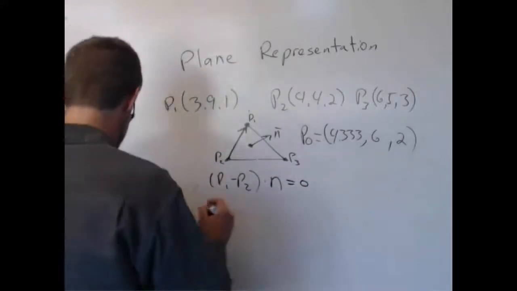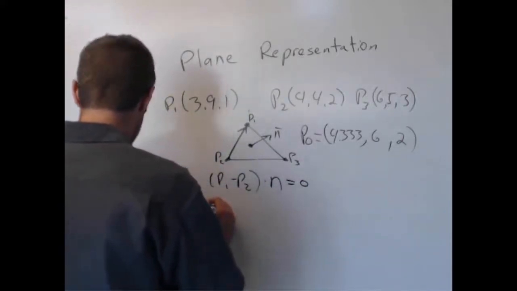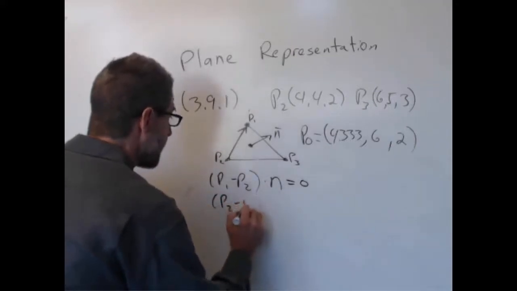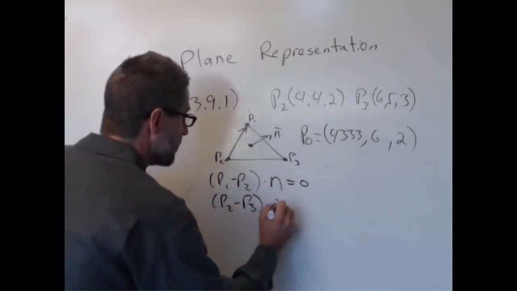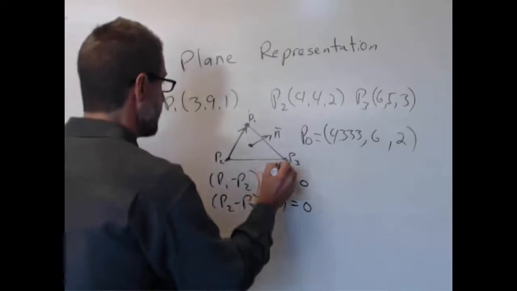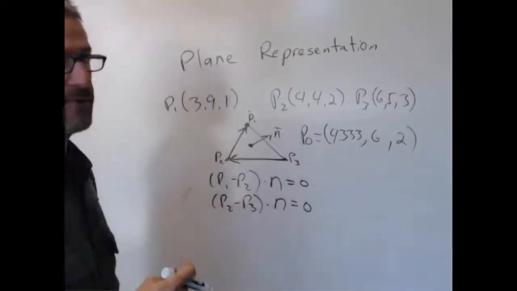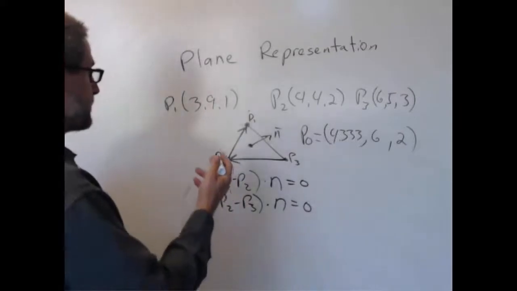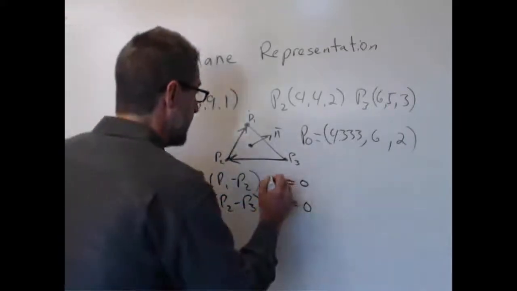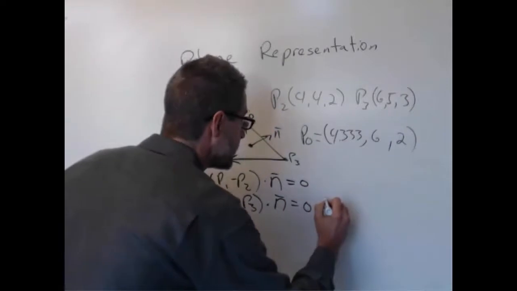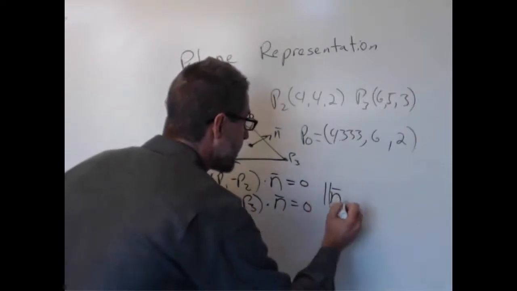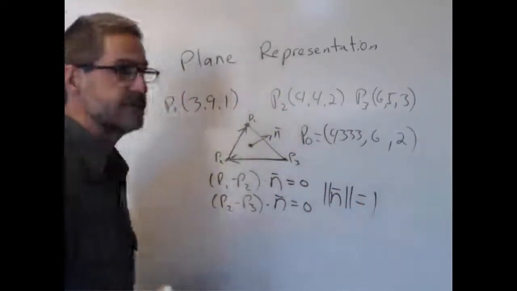Similarly, if we took P2 minus P3 and dotted it with n, that should be equal to 0. Now really doing it with that third length would be redundant, but we do know that this normal vector n is a unit normal, so that length should be equal to 1.